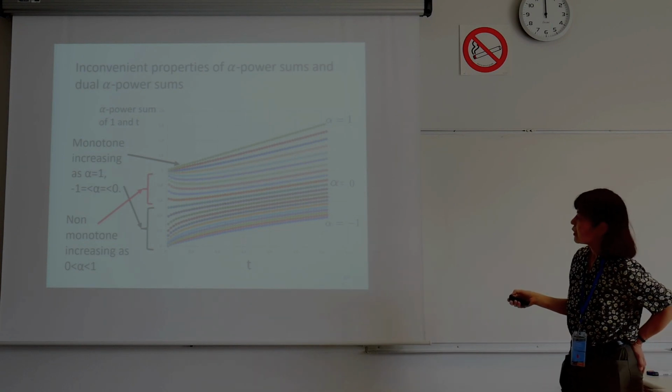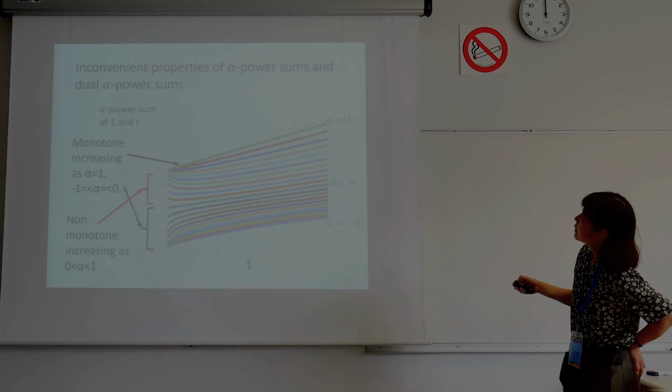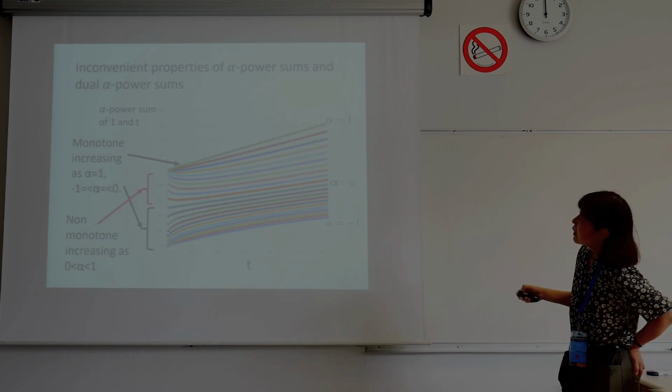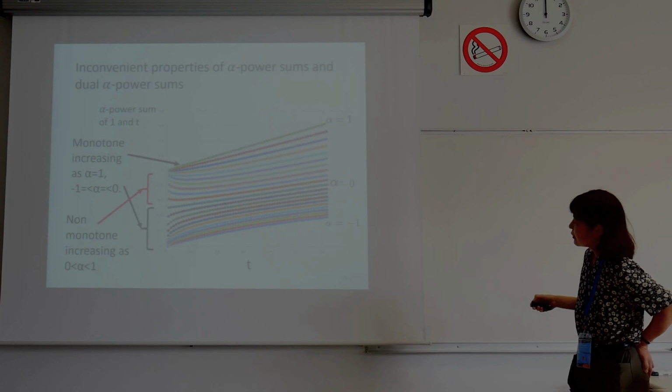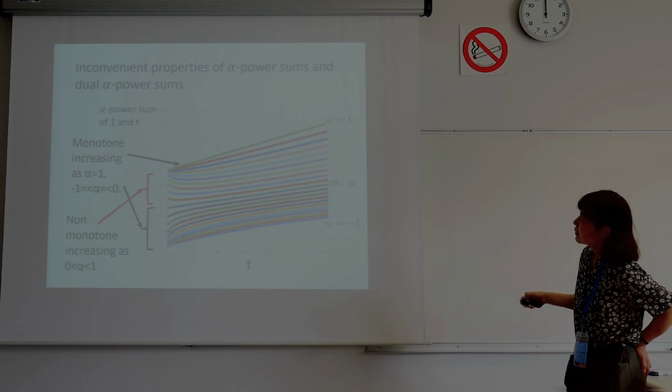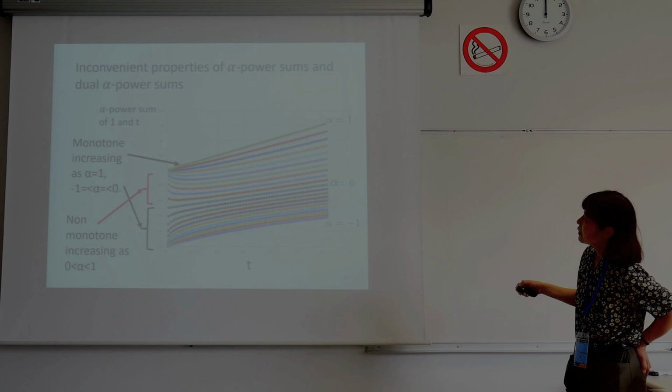And last, I show this figure. This graph is the alpha power sum of 1 and t. T is this, and the alpha power sum value goes from 0 to 1.8.